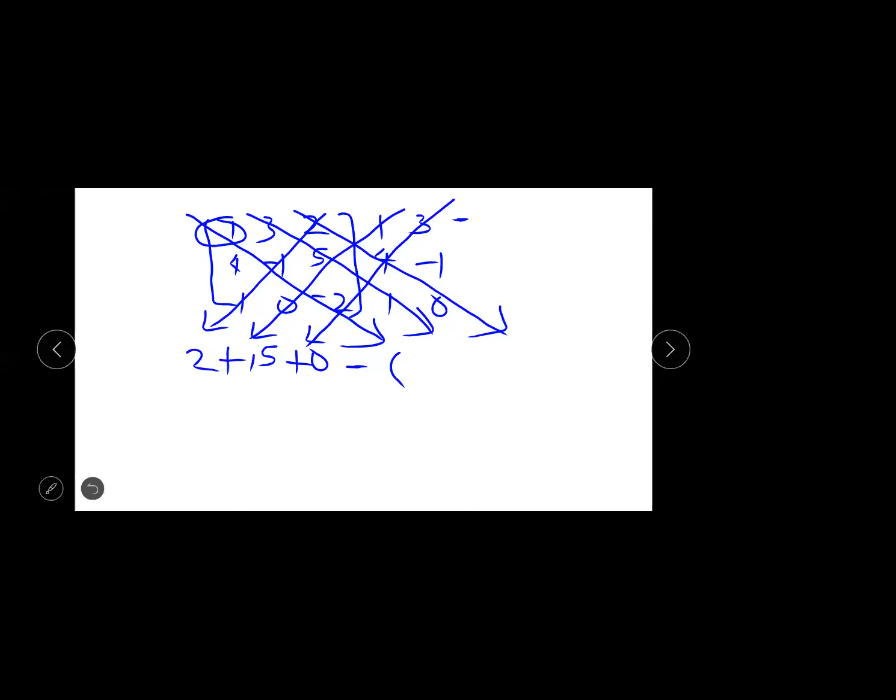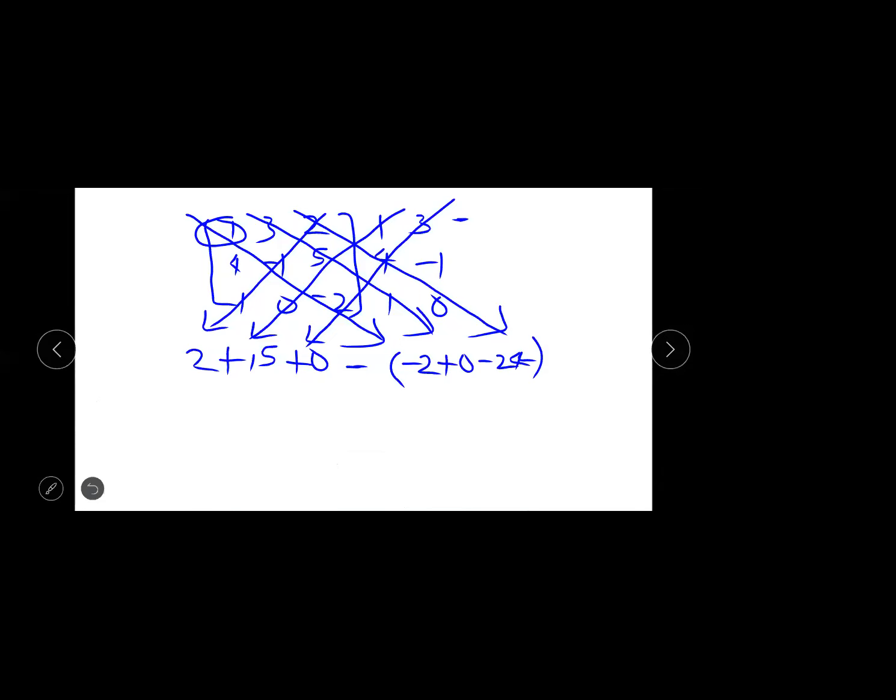What do we have? 2 times minus 1 times 2 will give us minus 2. 1 times 5 times 0 will give us 0. Then 3 times 4 times minus 2, that's minus 24. Yeah, minus 24.